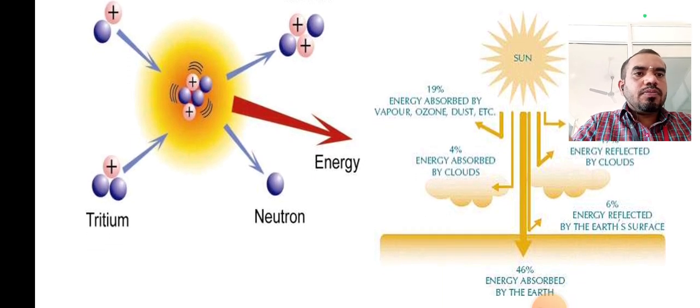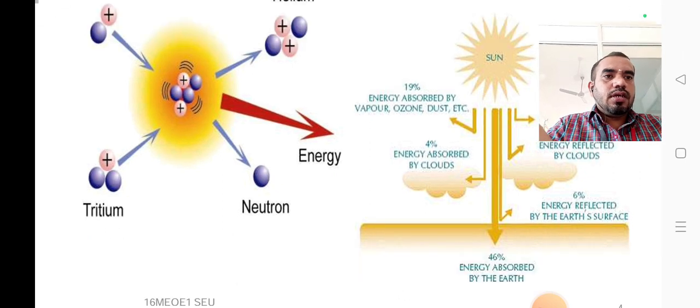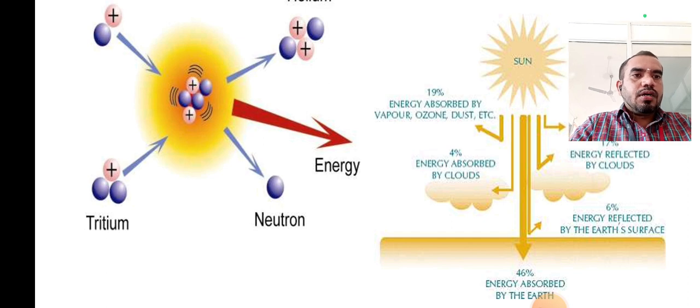Only 46% of the sun's radiation reaches the earth and is absorbed by the earth.